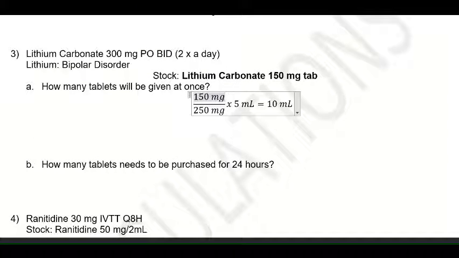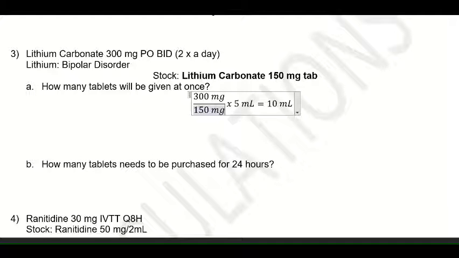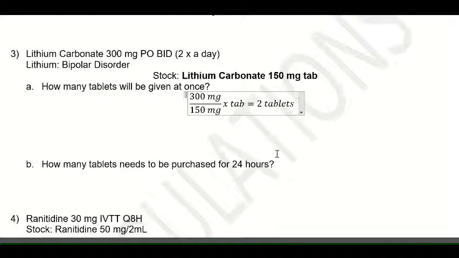Oh, no, the desired is 300 milligrams. What's on hand? 150 milligrams. What's the vehicle? There's no 5 ml or 1 ml or 3 ml here. It's the tablet. So 300 divided by 150 would give you 2 tablets. So I will be giving 2 tablets at once.